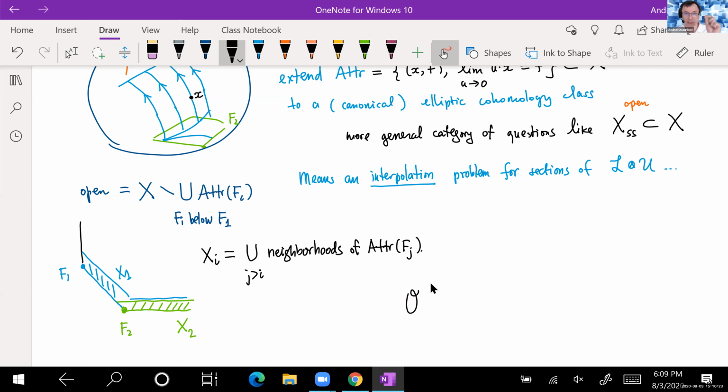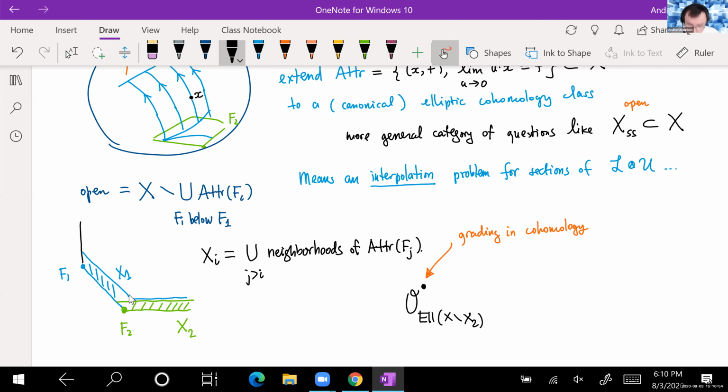Elliptic homology is some graded sheaf that lives on Y. So this is the grading in cohomology of the elliptic homology of X minus X2.